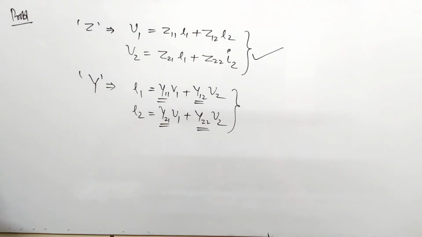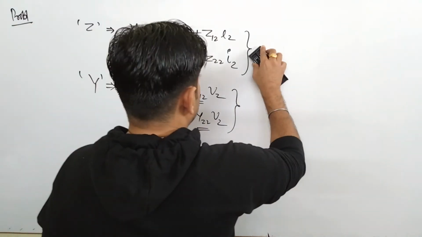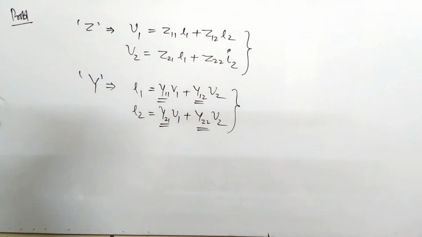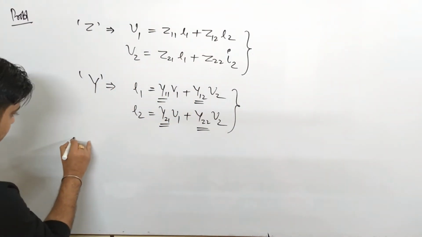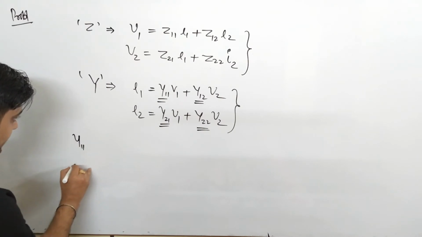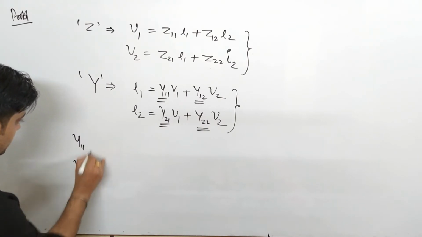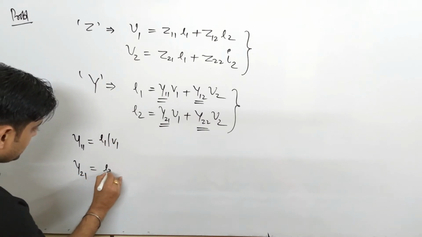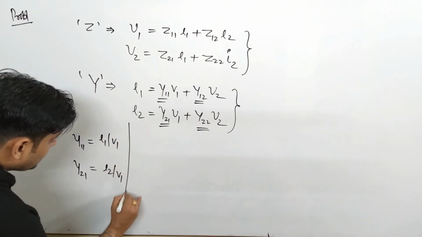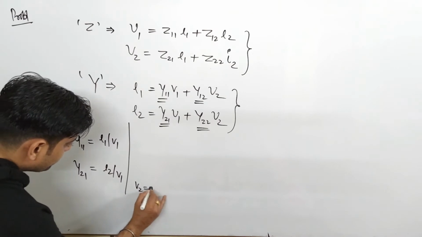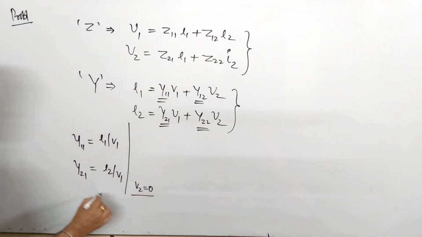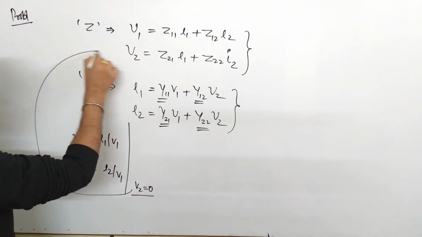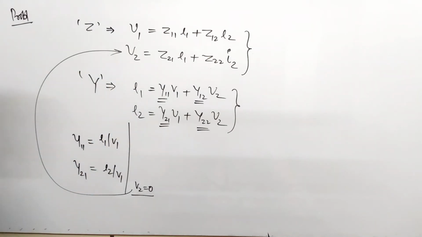Now how do you find them? We will see. First of all, you find Y11 and Y21. It is I1 by V1 and I2 by V1 in the condition when V2 is 0. Now you put V2 as 0 in this equation.